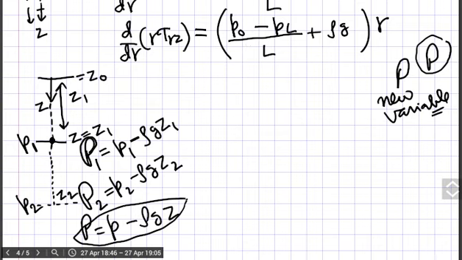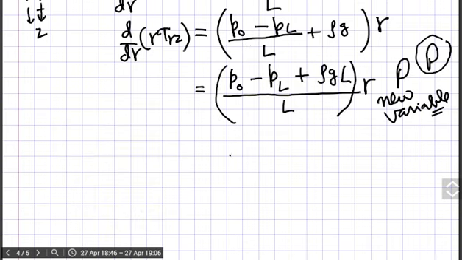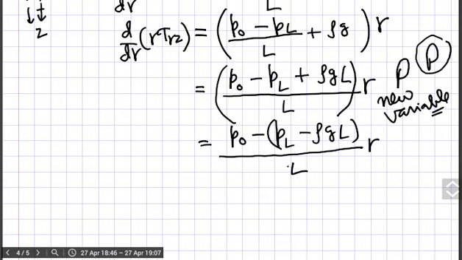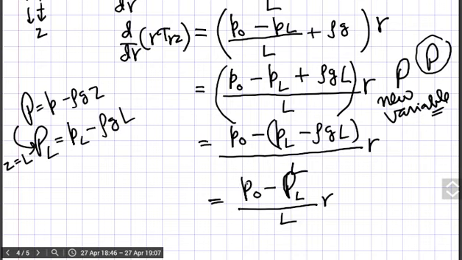So let's see what happens. You can rearrange it this way, and further rearranging, you can put that new variable there. Here you can see how this has been converted into the new variable PL. At z is equal to L you can write it this way, so we have capital PL in place of this.